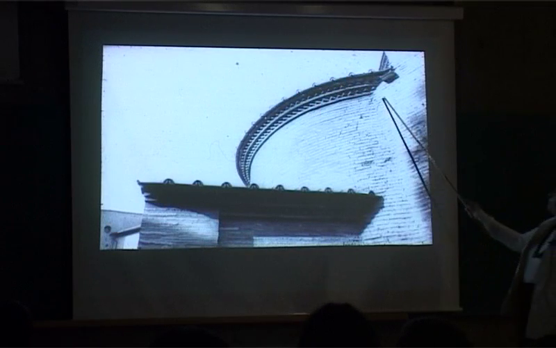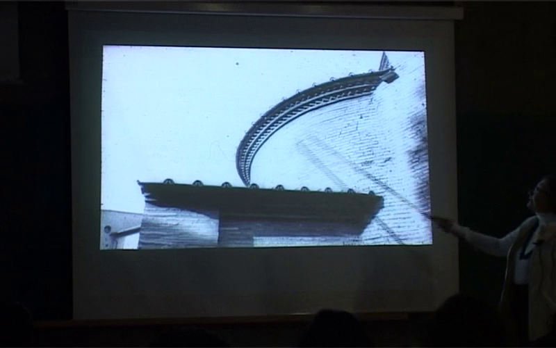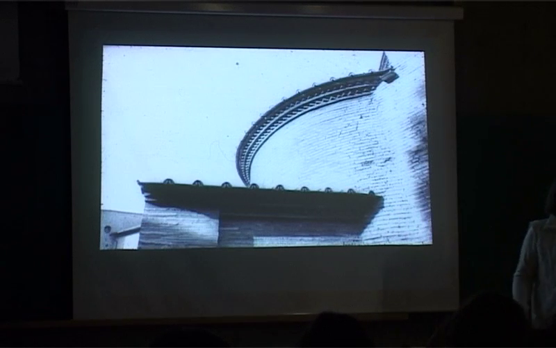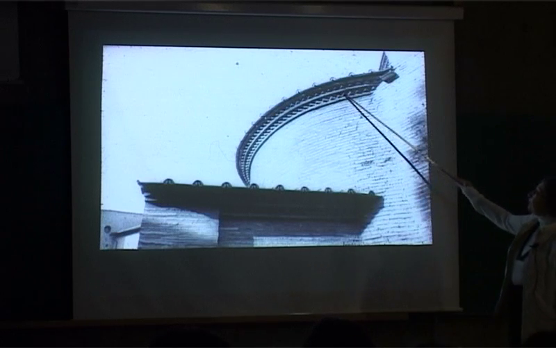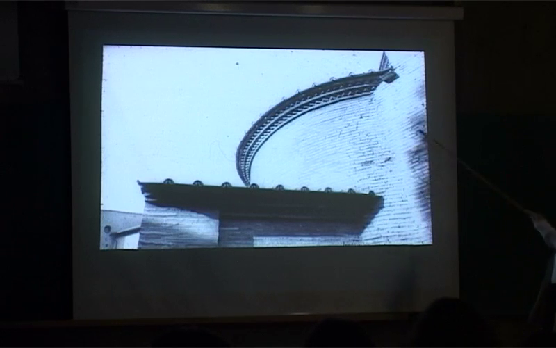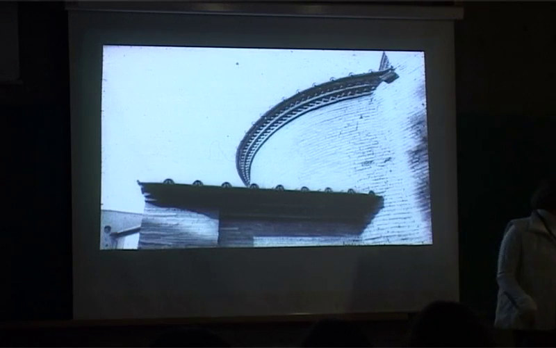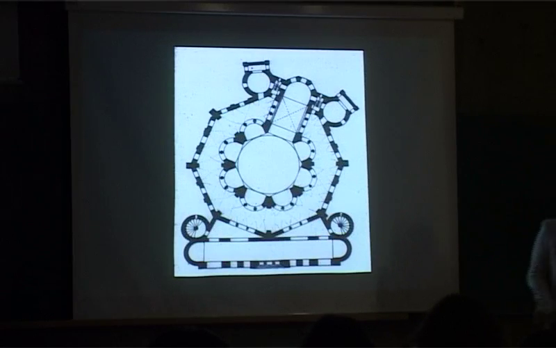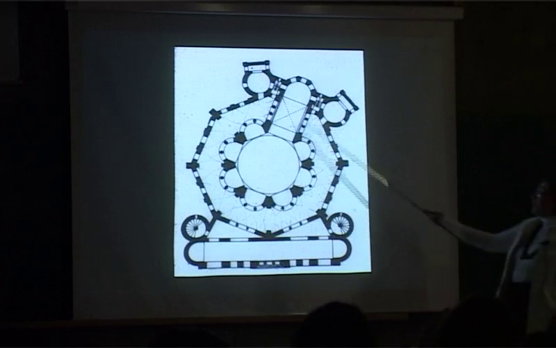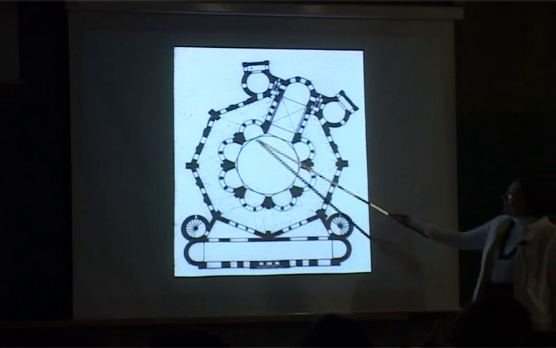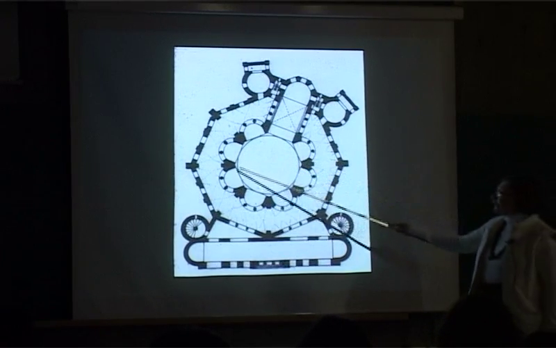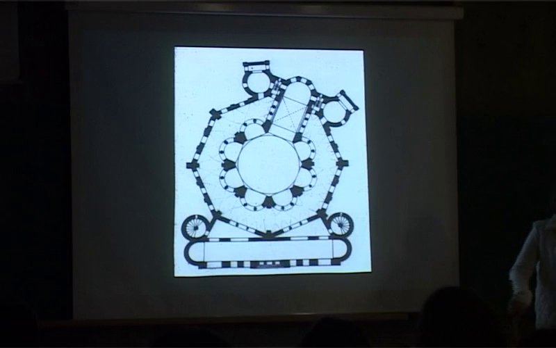So you have the individuality of each one of the parts, but this individuality does not compete with other components. Quite to the contrary, they all tend to melt into one central scheme, which is made possible by this extraordinary plan. So the center of the plan is rather clear.